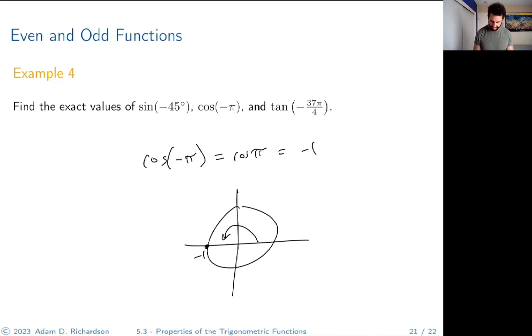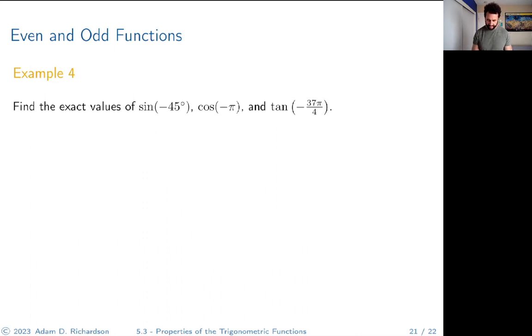Okay, now tangent of negative 37 pi over 4. Tangent is an odd function, so we know that we're going to have negative tangent of 37 pi over 4. But then, what does 37 pi over 4 look like? We have to mod out by 2 pi.